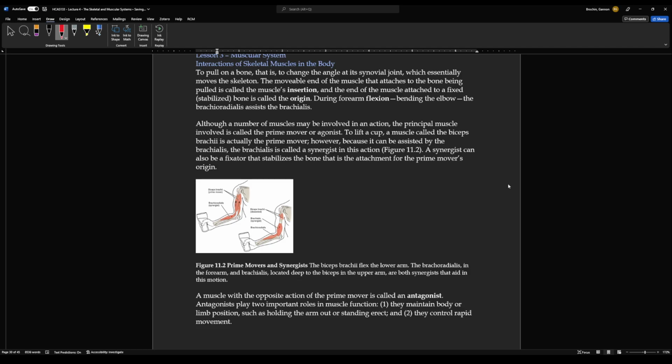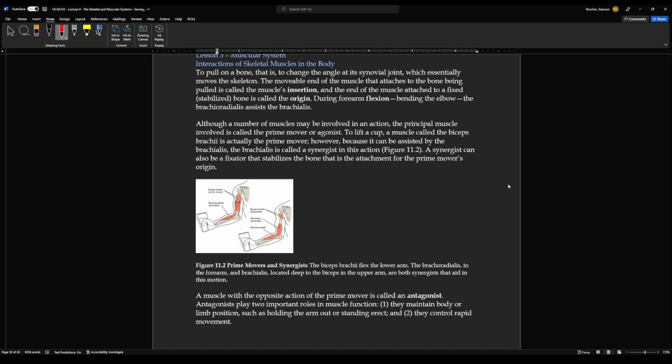I've mentioned this idea of agonists, antagonists. There's also another thing to talk about called a synergist. That's a muscle that assists the agonist or prime mover in performing an action. So going back to the idea of elbow flexion, we really have three big muscles to look at there that are prime movers and synergists.